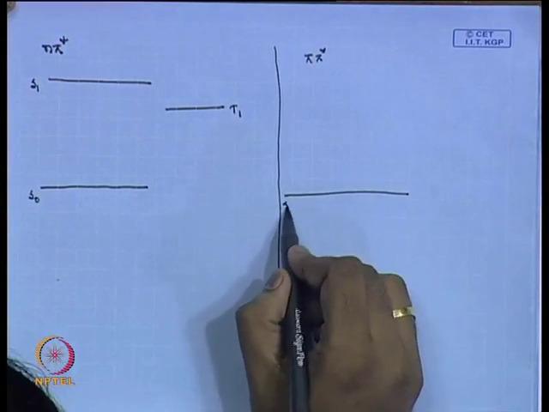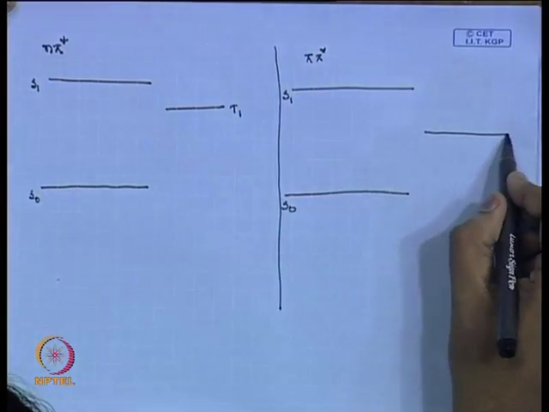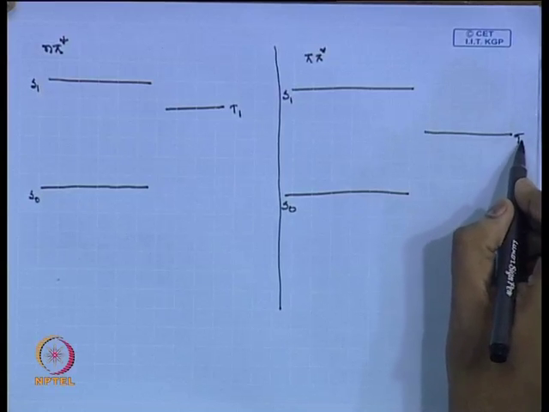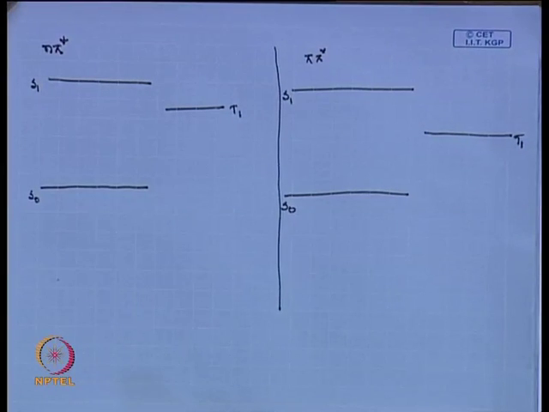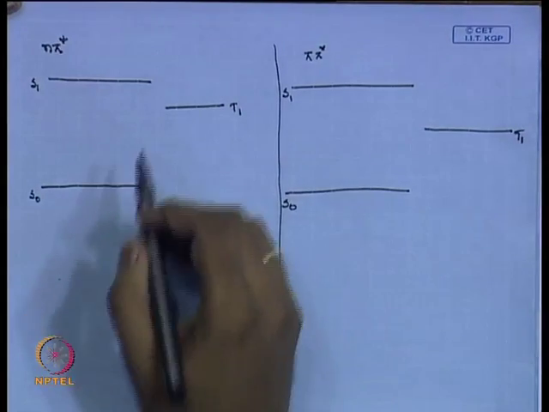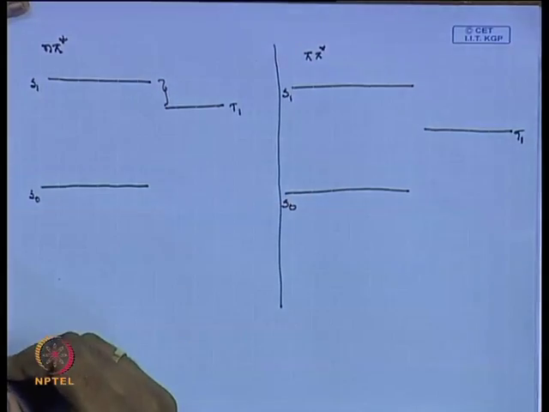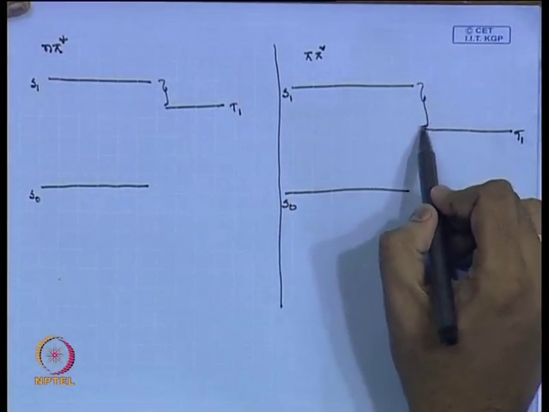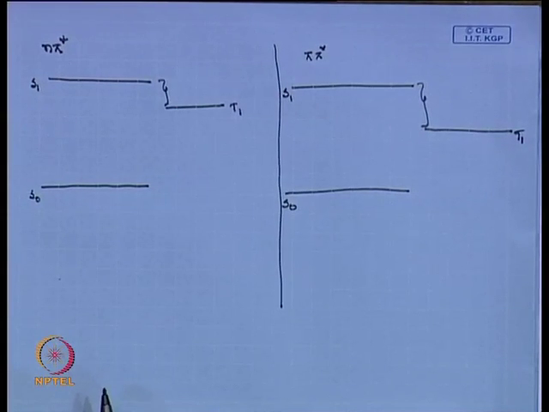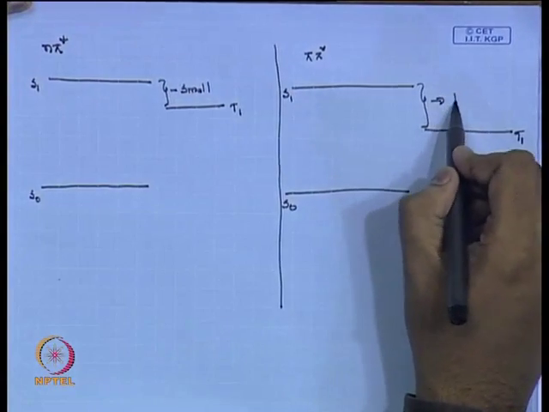So, I have an S0, then I have my S1 and I have a T1. Now, you will notice that I have drawn the energy gap between singlet and triplet to be a little bit smaller in n pi star when you compare it to the energy gap of your pi pi star. This is a little bit small and large.